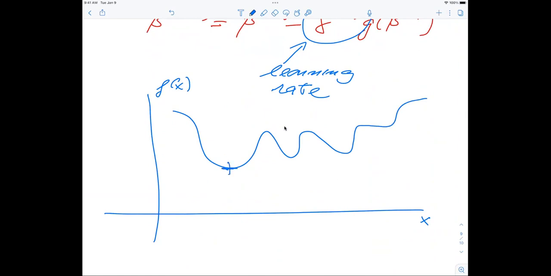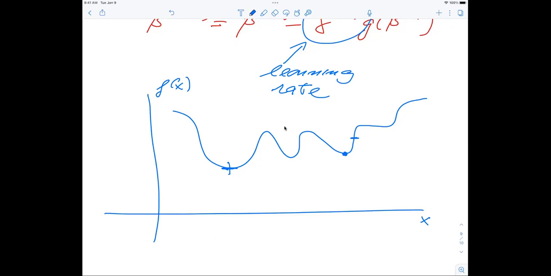Normally you would start your Newton method or your favorite gradient descent method somewhere with a guess, so you could start here. When you then use your gradient descent method, when you reach this point here, your gradient doesn't change, but you're stuck in a local minimum.